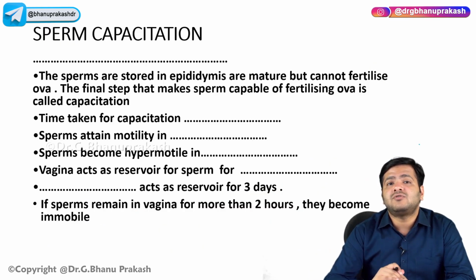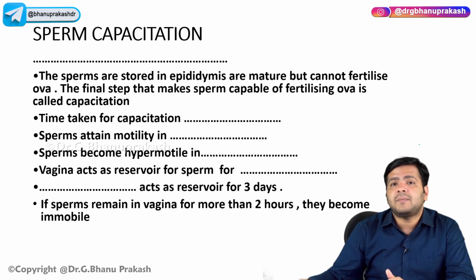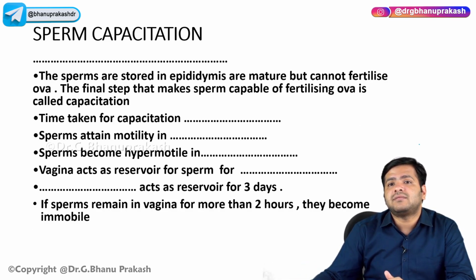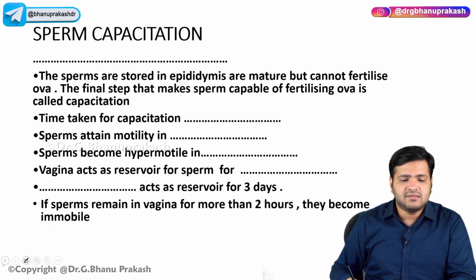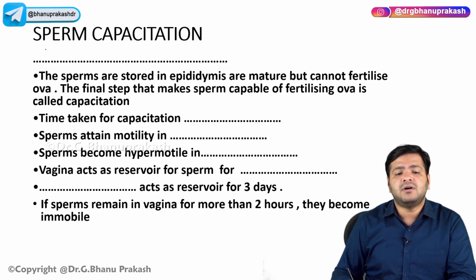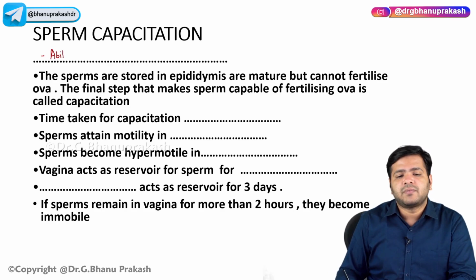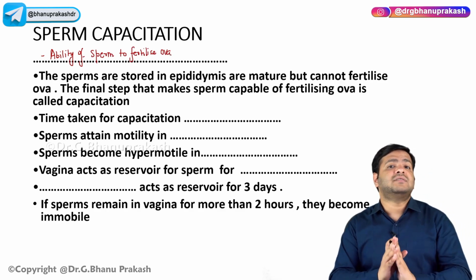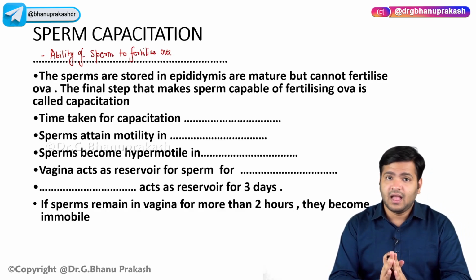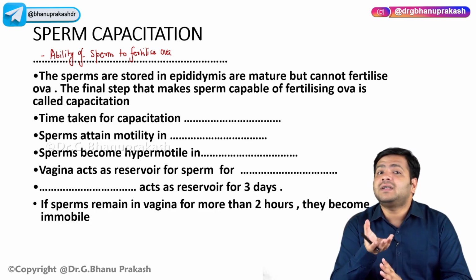Now coming on to the last topic, that is sperm capacitation. Now, what is the definition? Sperm capacitation basically stands for the ability of the sperms to fertilize the ova. You already know the sperms are stored in the epididymis, are mature, but they cannot fertilize ova.